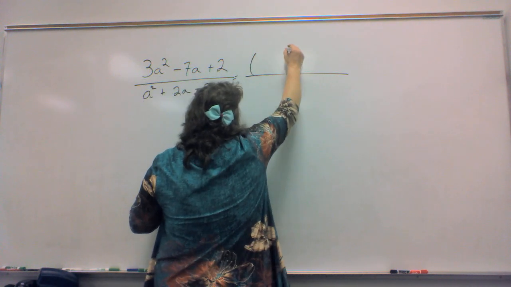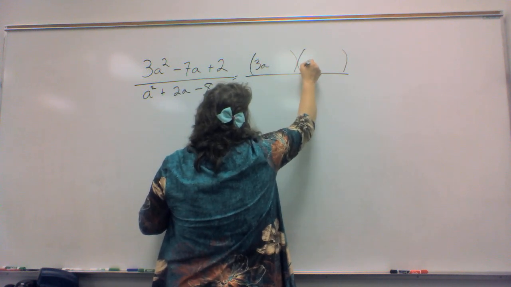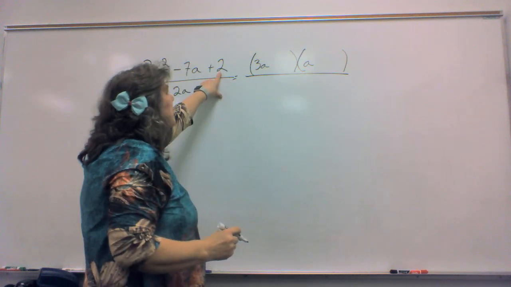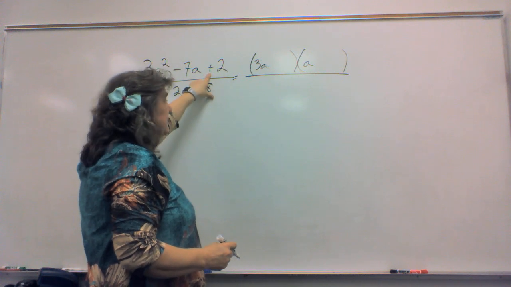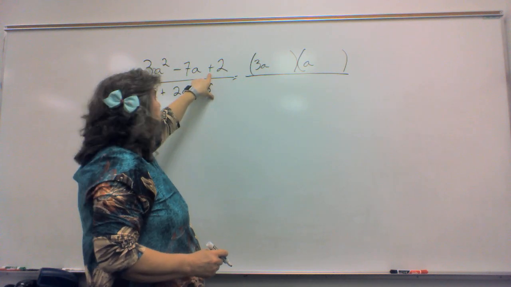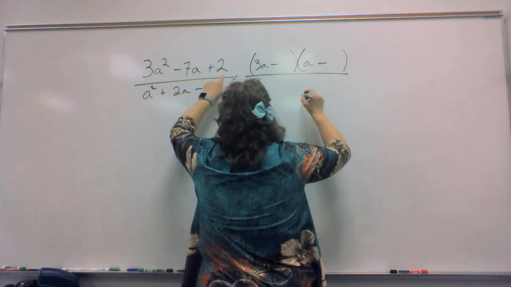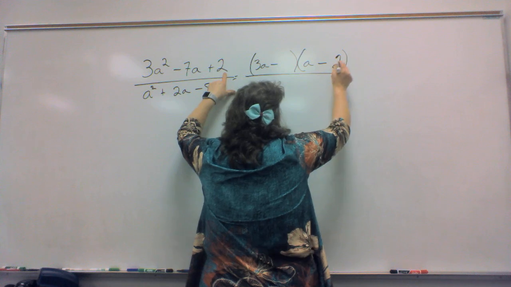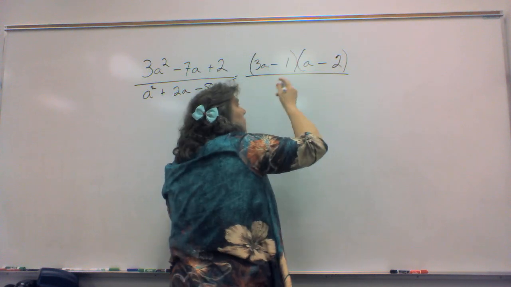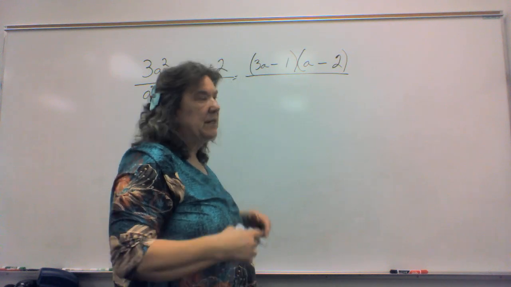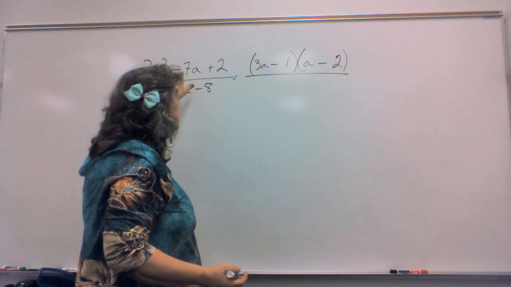The numerator is going to be a 3a times an a. And 2 can only factor into 2 times 1. So, we have the same sign because it's plus 2. Minus says my middle sign is minus for both of them. And 2, we're going to have to get to 7. So 3 times 2 is 6. And then 1 times a is a. So it's a negative 1a minus 6a, which will give you a negative 7a.